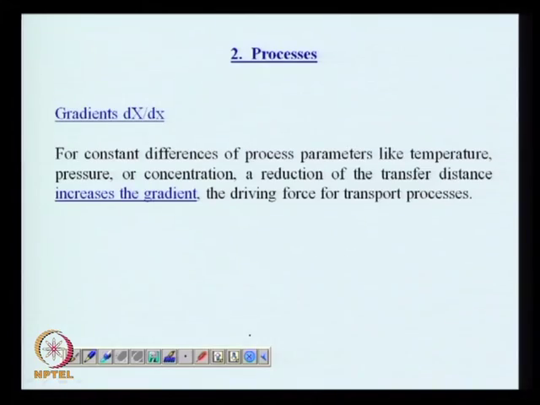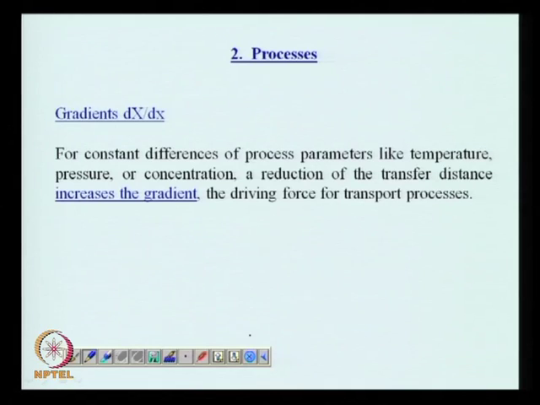So, first we think about the root cause of any transport, be it momentum, heat or species. Now, when we have a difference between the temperature, pressure or concentration at two different points, it's the gradient which is going to cause molecular transport of heat, mass or momentum between these 2 points, between these 2 surfaces.